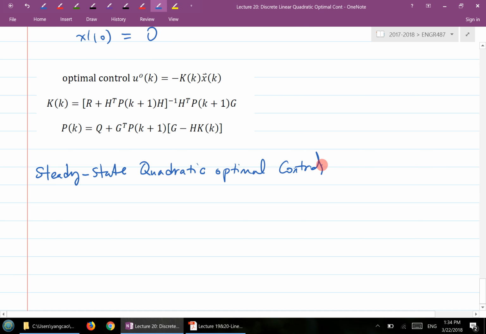Steady state basically means the cost function g will be slightly different now. Because it's a steady state, the number of steps goes to infinity. And that's steady state.